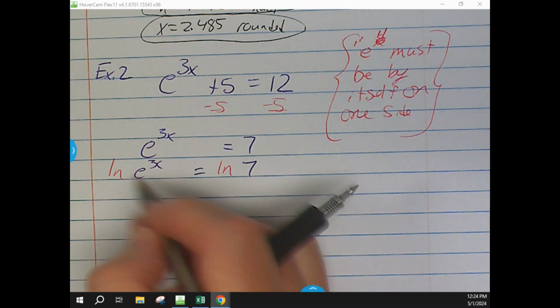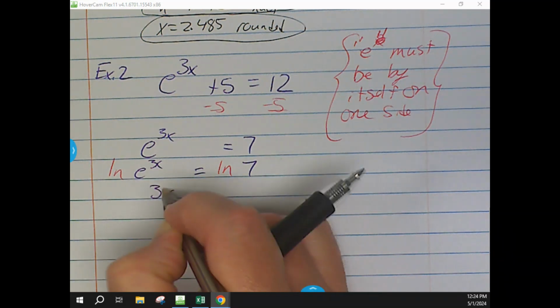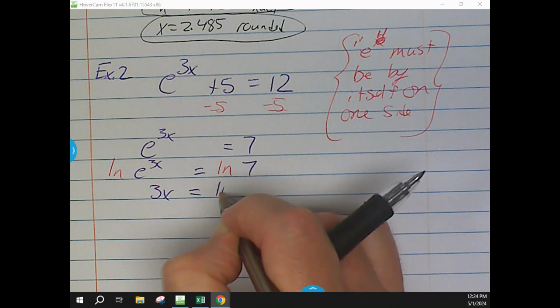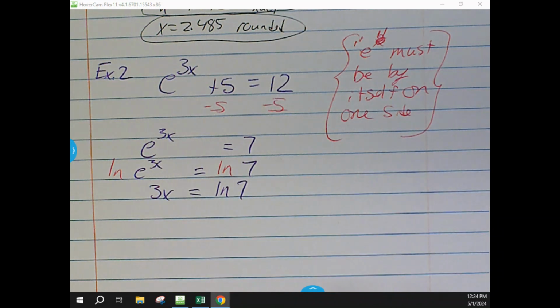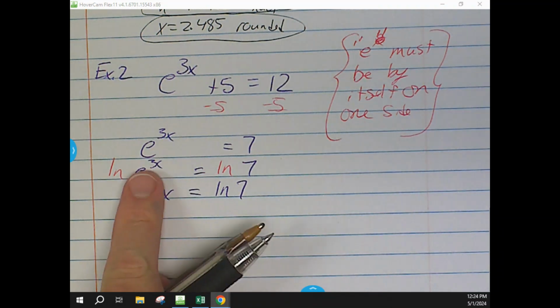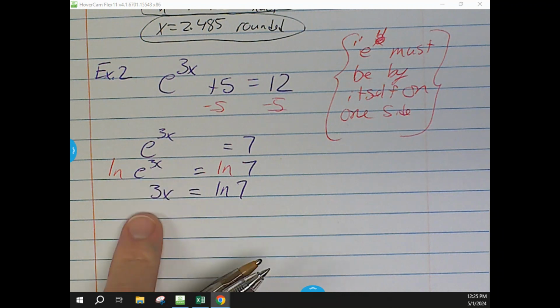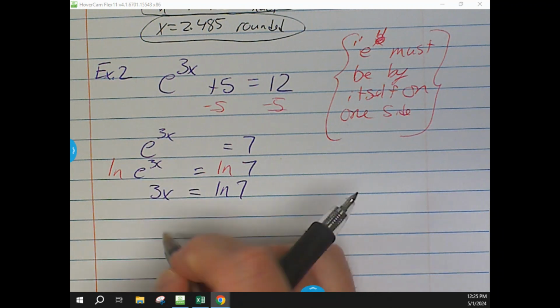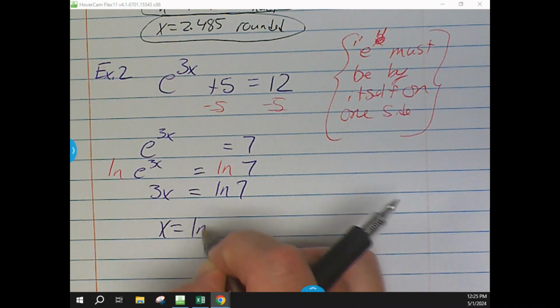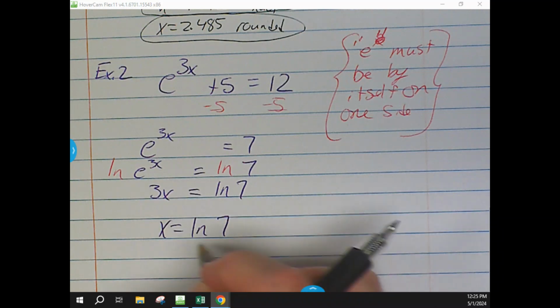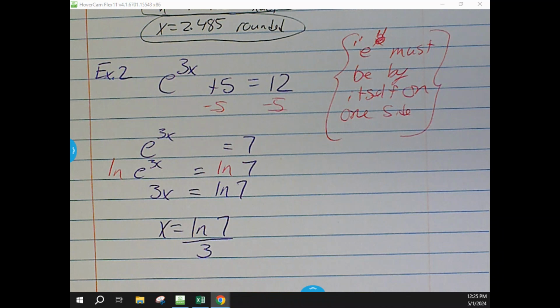Again, ln and e knock each other out. That makes it 3x equals ln of 7. And again, if it was just x, we'd have the answer. But because it's 3 times x, you've got to divide both sides by 3. This is where you've got to be a little bit careful: the whole thing is the ln of 7 divided by 3.